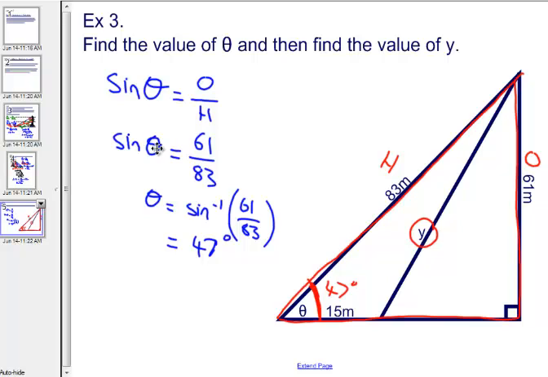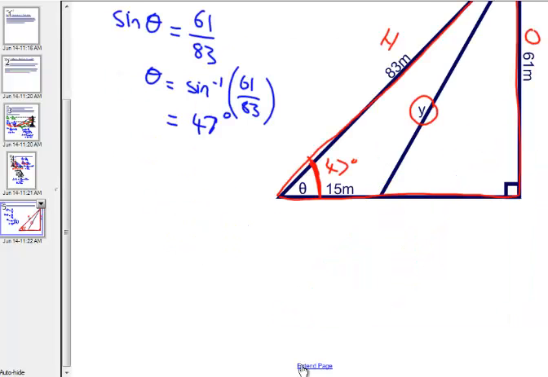From this, we now have to work out the last piece, which is y. We now have 15 metres, 83 metres, y, and 47 as the information given to us in the non-right angle triangle, which, as I said at the start, means we are using cos rule.